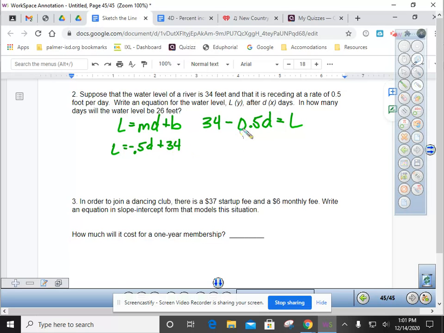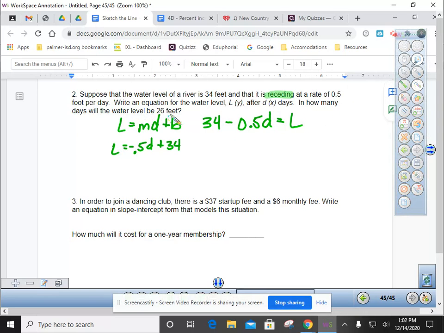I just thought flipping it made it a little bit easier. Are you with me? Everybody with me? See, I made that a negative because it's receding. Everybody see that it's receding? That means subtracting. But I just thought this was a little bit easier.